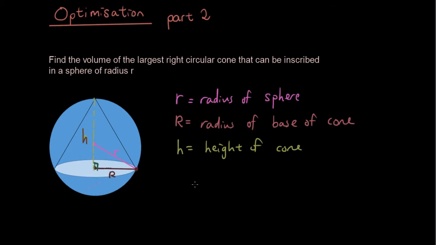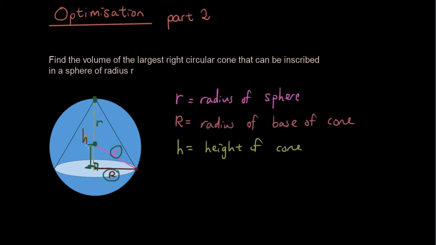So I can find out the relationship between the radius of the cone and the radius of the sphere using this right angle triangle. But first we need to know what this length here is. Because this is a sphere, the distance between the center point and the edge will be the radius.